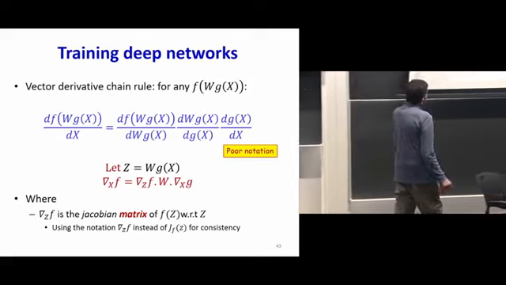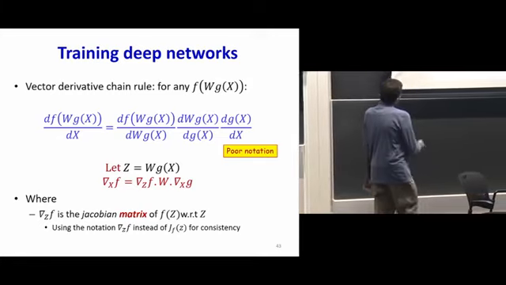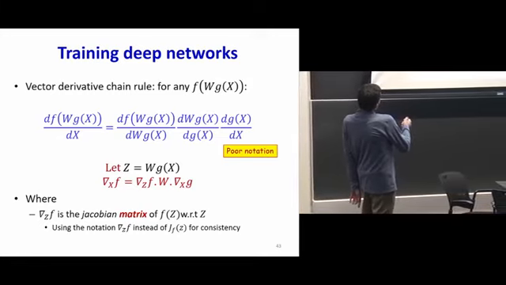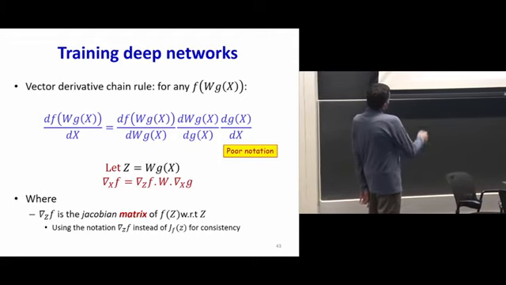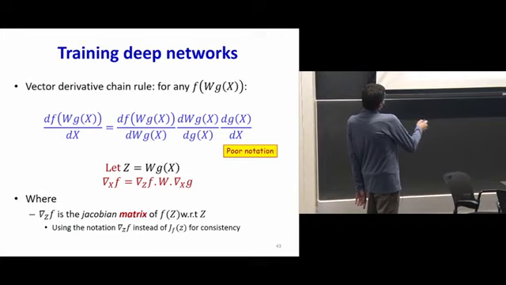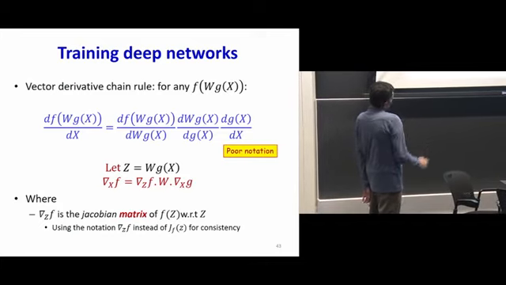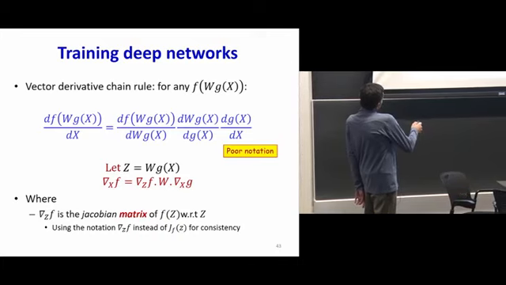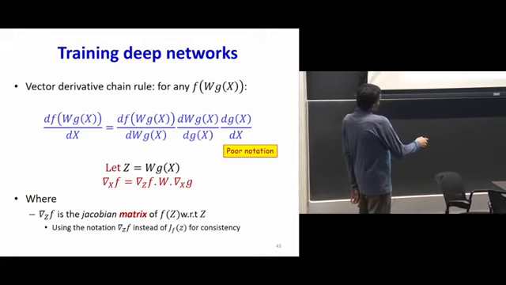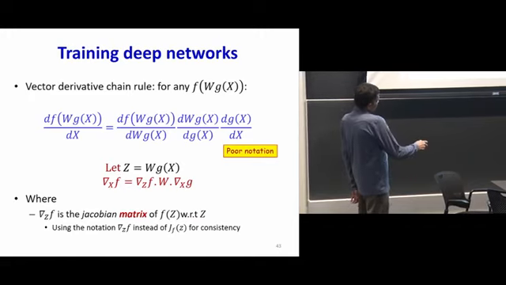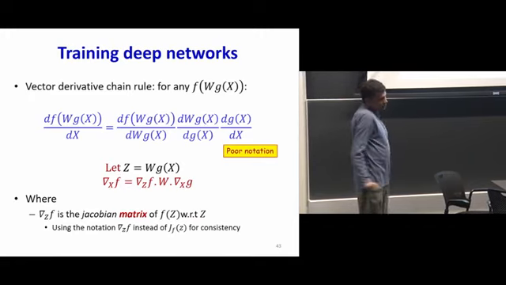So if I have any function f, where f is a function of some w times g of x, then if I try to compute the derivative of f with respect to x, we've seen this chain rule before, which is that this is going to be the derivative of f with respect to z, where z is defined as w times g of x, times the derivative of w times g of x with respect to g of x, which is simply w, times the derivative of g of x with respect to x.